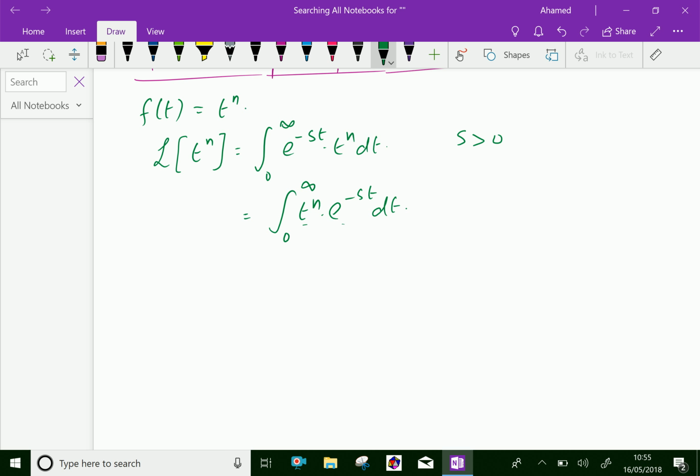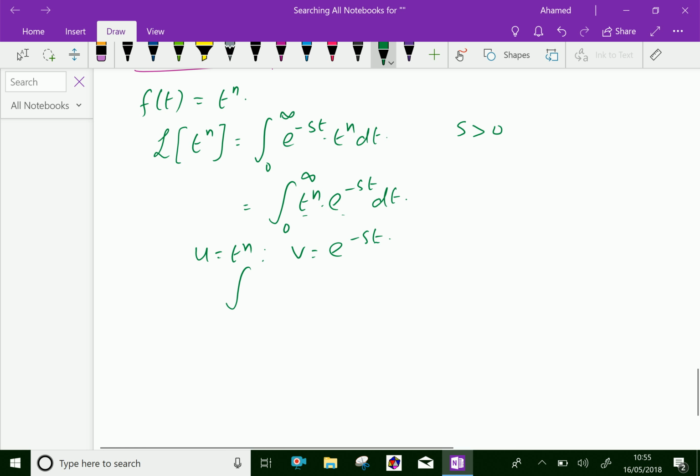Two parts multiplication is there, so we have to use integration by parts. Let the first function u equal t power n, and v equal e power minus st. Integral of uv equal first function into integral of second minus integral of differential of first into integral of the second.